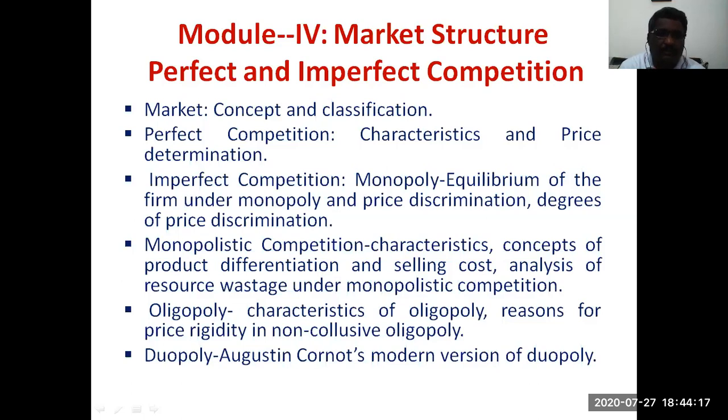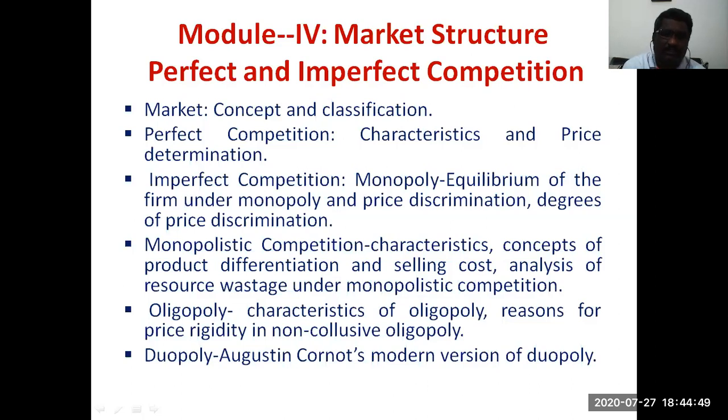First of all, in this module, we have to know what a market is, the concepts of market, and the classification of markets. Next, perfect competition: characteristics and price determination under perfect competition are included in this module. The other topics are not included with respect to perfect competition.